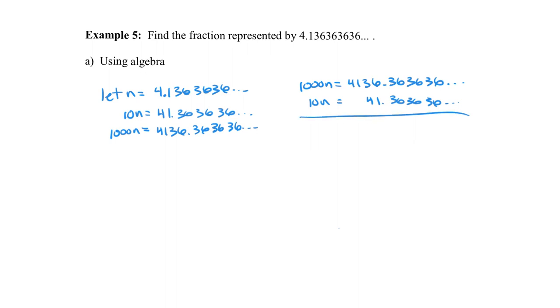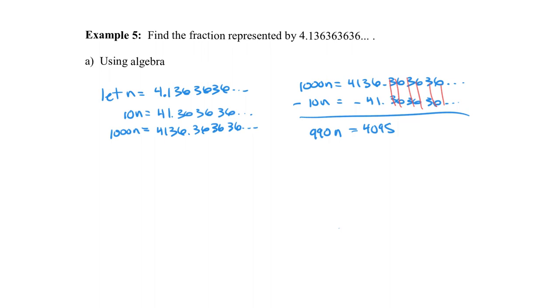Then we're going to subtract each side. Right, so then that gives 990n equals, we subtract here, we get 4,095, and then of course all of these just go away, right?